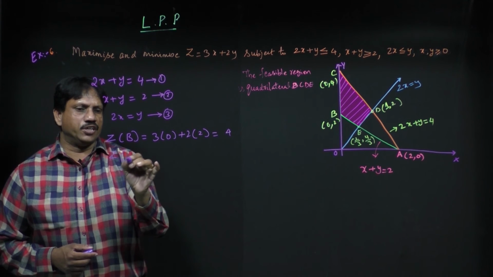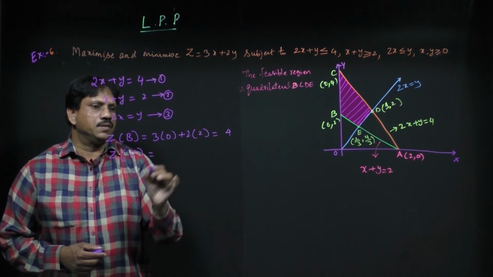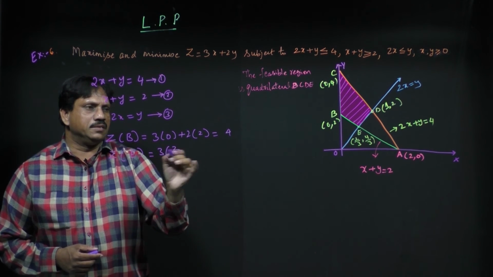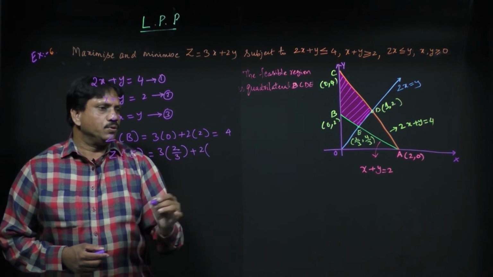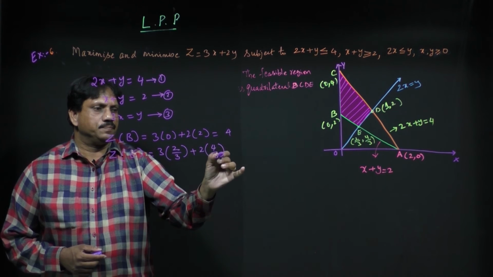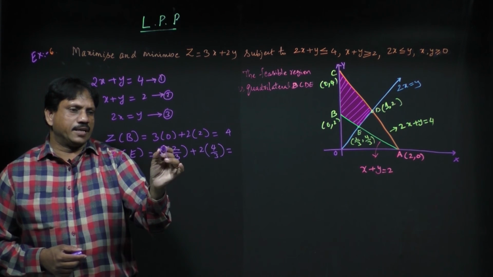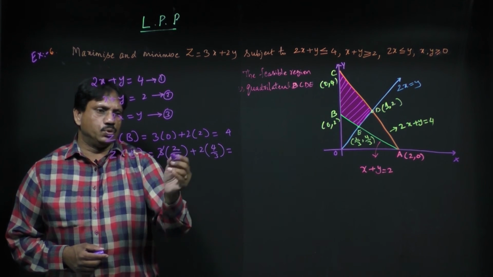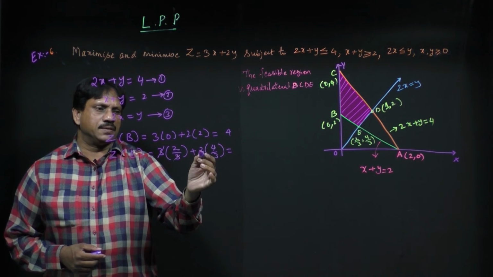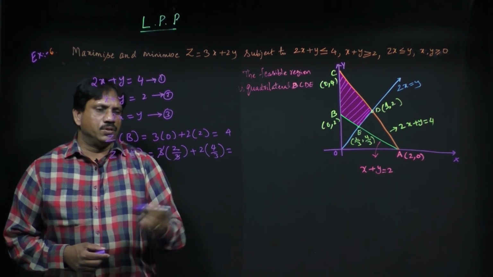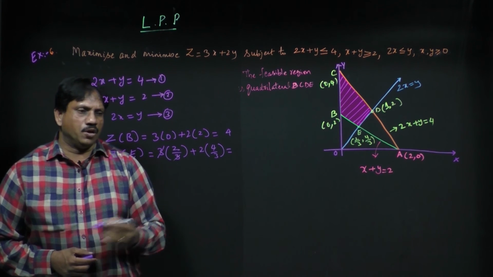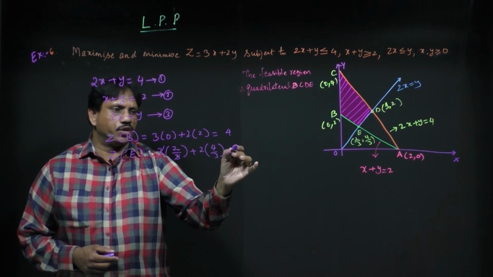Next point is Z of E: 3 into 2 by 3 plus 2 into 4 by 3. You can cancel 3 here, 2 is there. 2 plus 8 by 3. So 8 by 3 plus 2, how much does it come? 14 by 3.